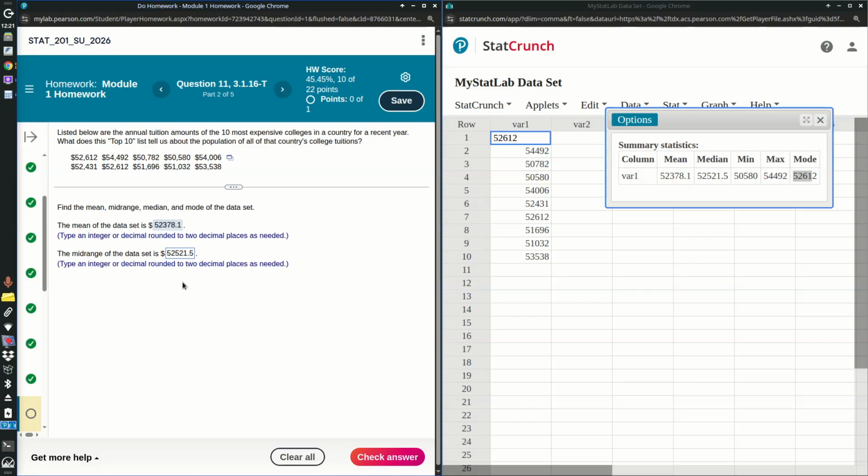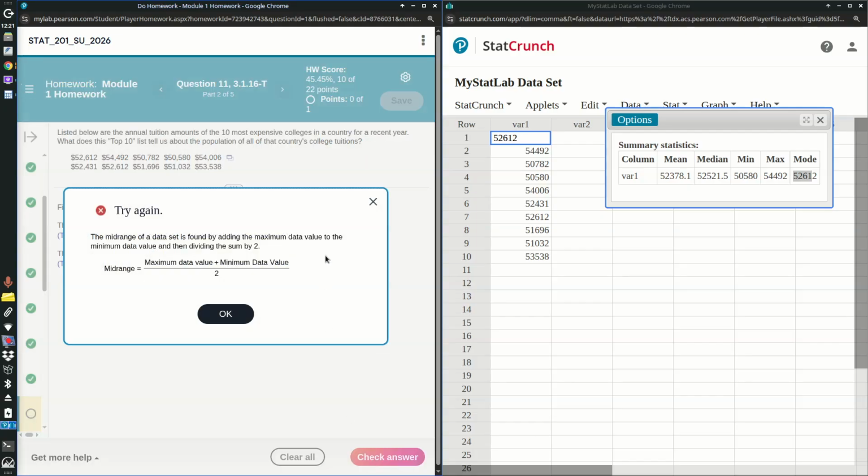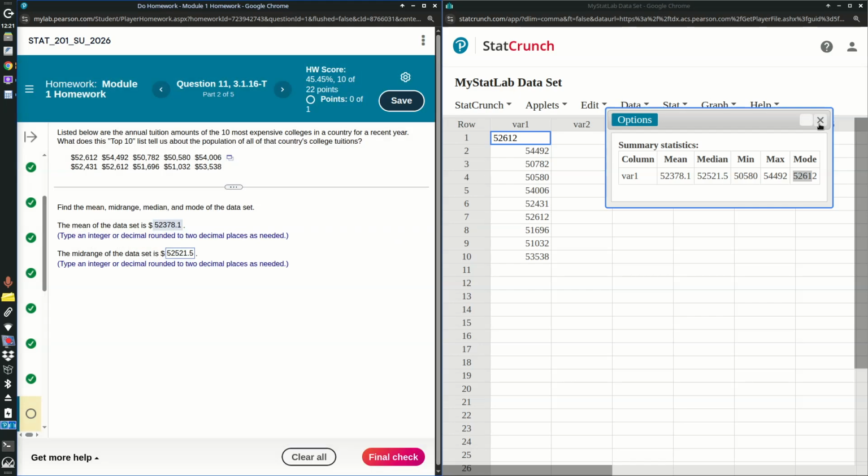Type an integer or decimal rounded to 2 decimal places. If there's 10, it should be that value. We got the mean right. How could we get the mean right and not get the median? Okay, let me try again.